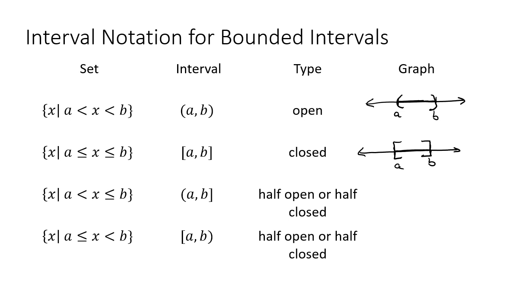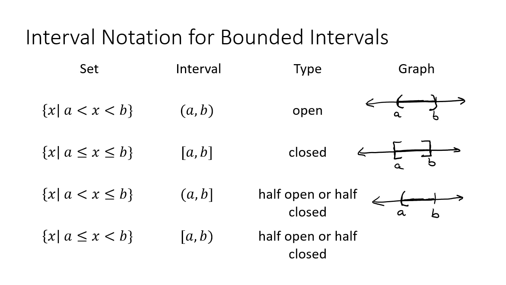But mixing it up a little bit, you can actually have a mix of symbols this time around. So if x has to be strictly greater than a, but less than or equal to b, then because the strict symbol is associated with a, a is not part of the solution, so parentheses for it.